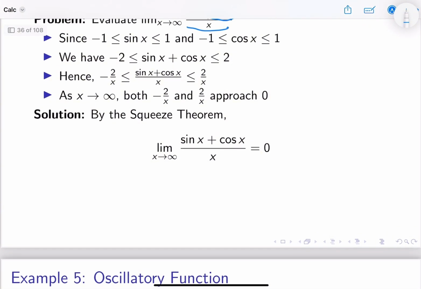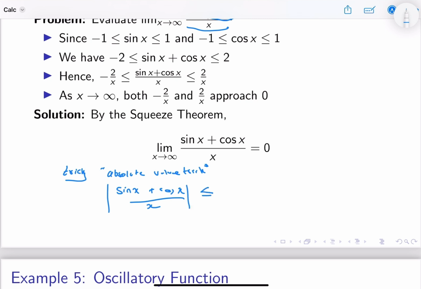I'm going to introduce a new trick for you, which is called the absolute value trick. Instead of applying squeeze theorem with two inequalities, you look at the absolute value of the function that you have, which is in this case this thing, and you use something called the triangular inequality.